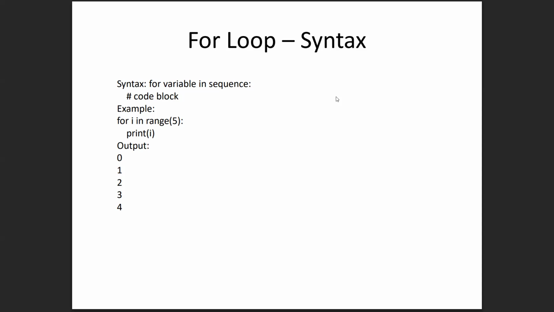You can use this for loop on a list, a tuple, a string, or a range, whatever it may be. Until the condition becomes false, it will print the output. Whenever the condition becomes false, only then will it stop iterating over the sequence and produce the output.